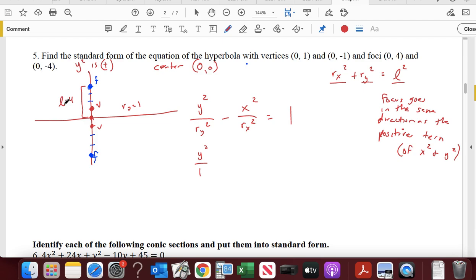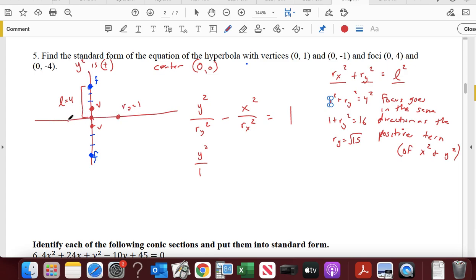On the formula sheet, it's referred to as C. So we've got essentially this equation. We've got 1 squared plus ry squared equals c squared. So we solve this. 1 plus ry squared equals 16. So ry ends up being the square root of 15. Okay, so that would be almost going 4 left and right.